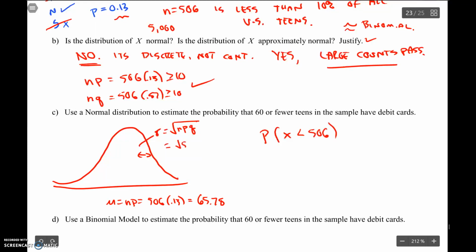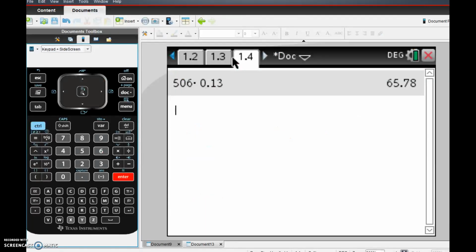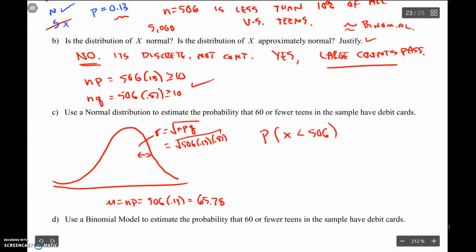That's the square root of 506 times 0.13 times 0.87, which is 7.56.